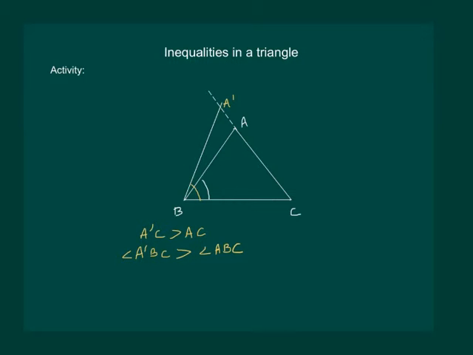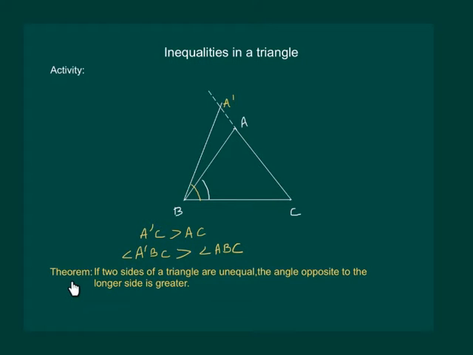That would mean that if the length of side AC is increased, the angle opposite to that side also increases, and hence we come to the conclusion, if two sides of a triangle are unequal, the angle opposite to the longer side is greater.